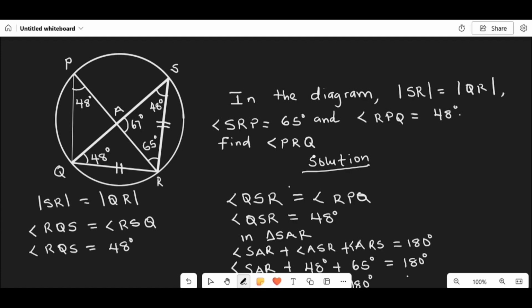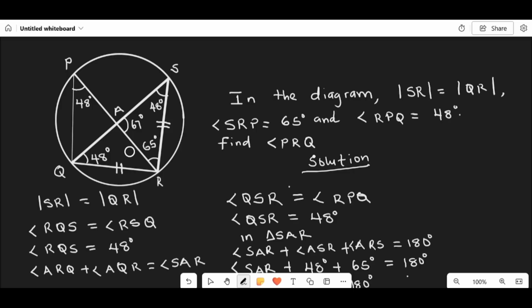What the theorem is saying is that the measure of angle XAR is equal to the sum of angle AQR plus angle ARQ. Mathematically, it can be written as angle ARQ plus angle AQR equal to angle XAR.